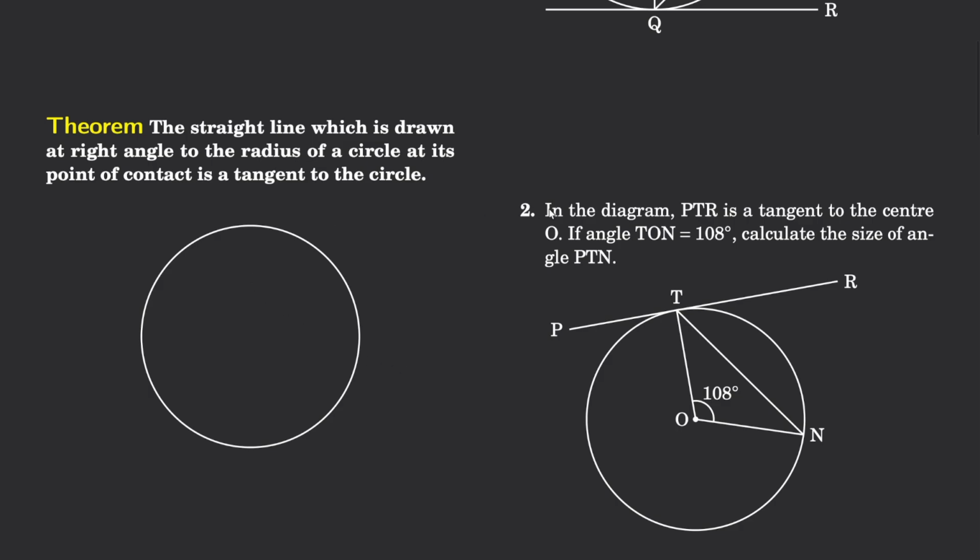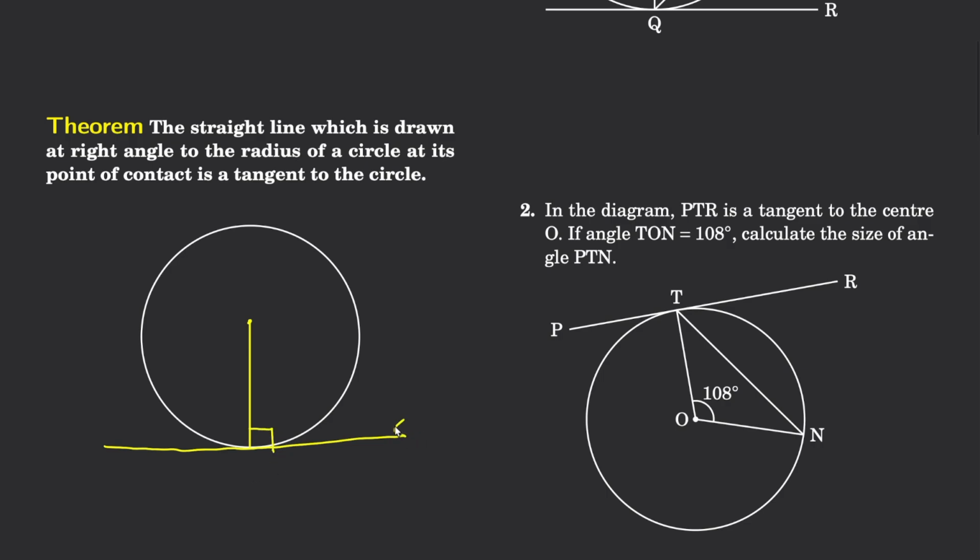I'm going to read out the theorem and interpret what the theorem is saying for you. The theorem says that the straight line which is drawn at right angle to the radius of a circle at its point of contact is a tangent to the circle. So what they are saying is this: if you have a radius of a circle, and you have a line, and this line happens to touch this radius at the point of contact with the circle, the angle between them is a right angle.